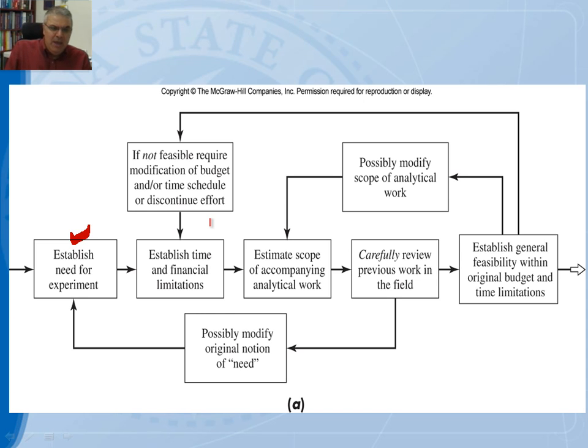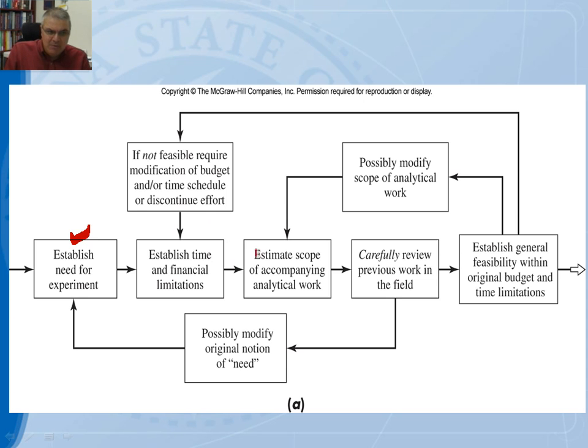It depends on the type and the scope of what we try to achieve here. Those of you that have had experience with metrology and using different instruments and trying to plan an experiment would know what I'm talking about. That's why some organizations sometimes abandon the experiment, because it's just not feasible. So let's say that we establish the need for the experiment and we establish the time and the financial limitations.